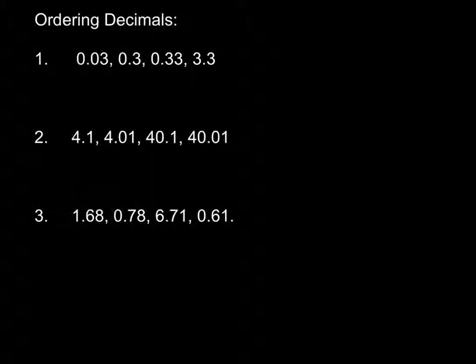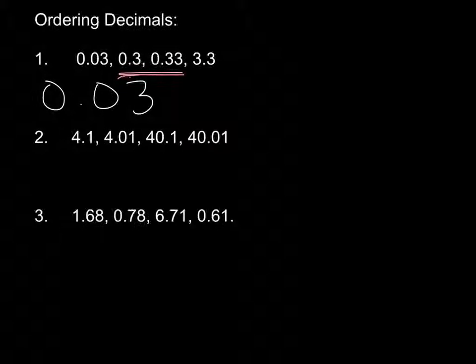When we do that, we need to look at the number that is in the tenths place value first. The number that is the smallest in the tenths place value will be your smallest decimal. So in problem 1, our smallest decimal is 0.03. My next 2 decimals are 3 tenths and 33 hundredths.